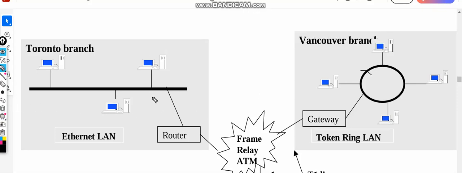So there is a frame relay ATM here. What is ATM? Asynchronous transfer mode.